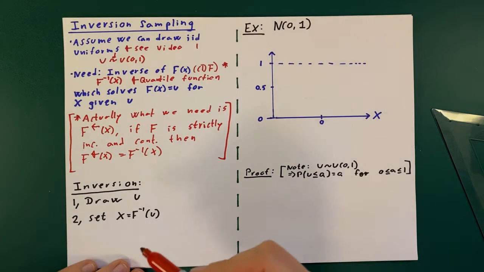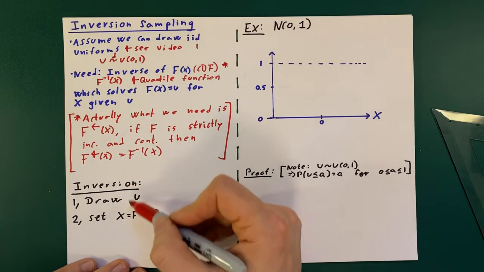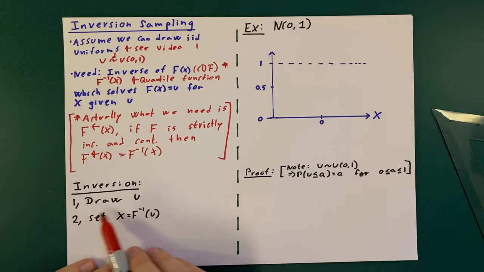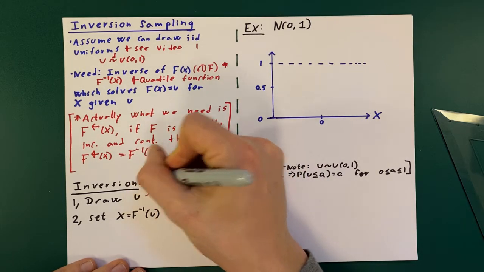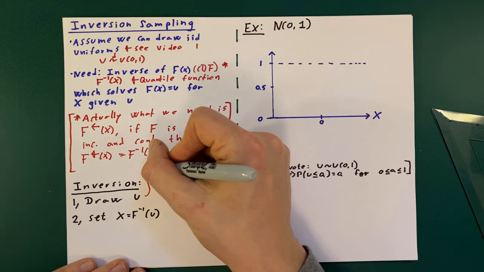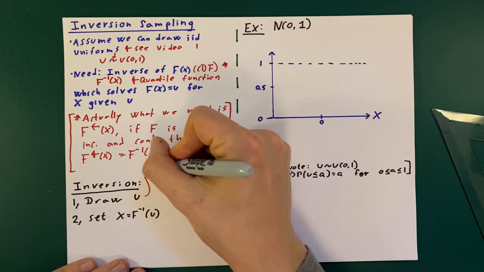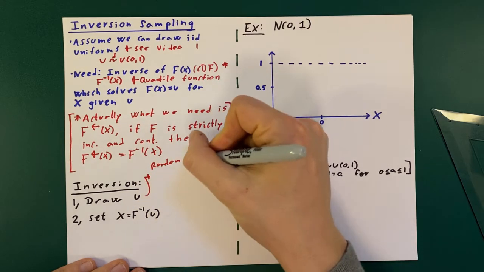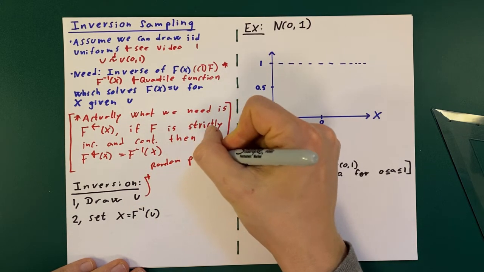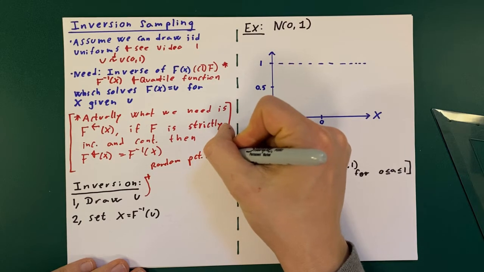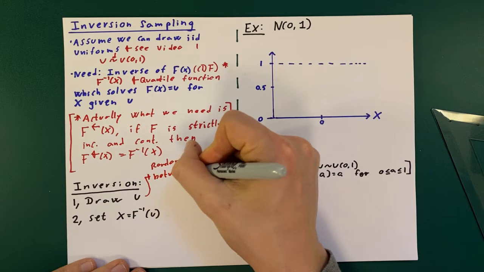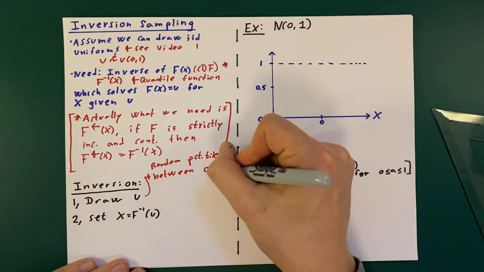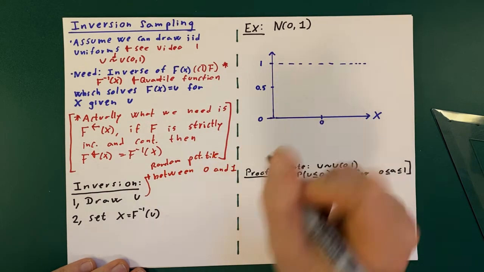So if we go to the method, the inversion sampling method, in step 1 we draw u, and I want you to think of this like we draw a random percentile between 0 and 1.